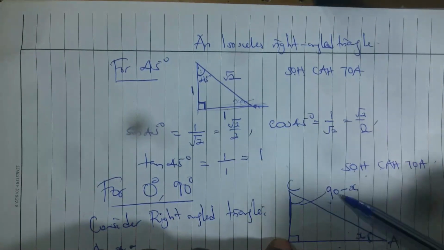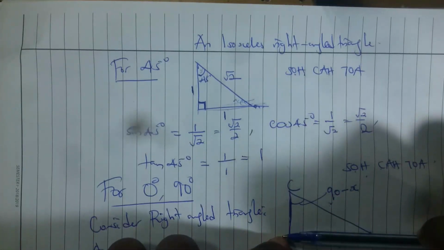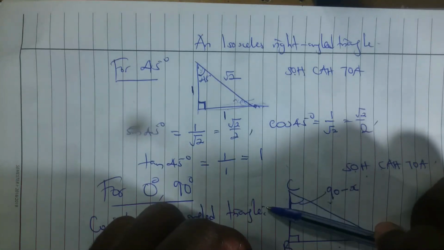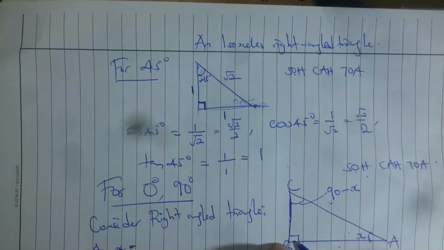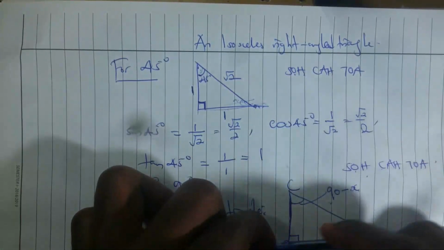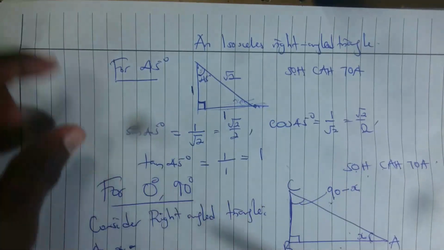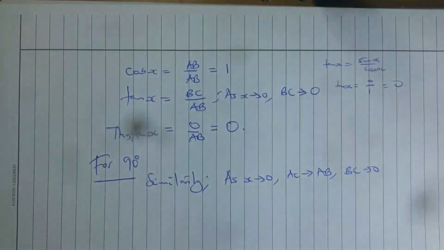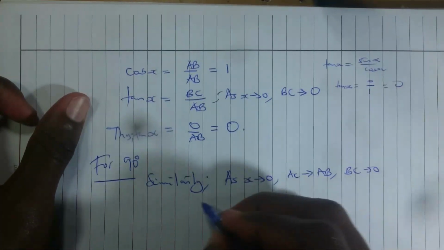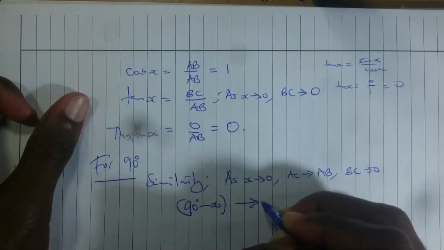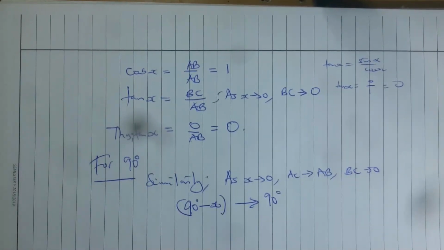That means 90 minus x would tend to 90 degrees, because it's going to keep expanding until it becomes 90 degrees, making it 90 degrees to the horizontal, if you can see that from the diagram. So that's how we are going to create our 90 degrees.